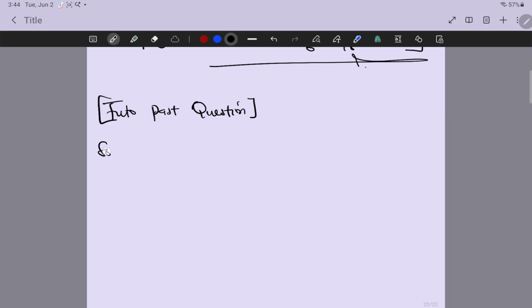Where we have to solve d squared y over dx squared minus 5 dy over dx plus 6y is equal to 24. How was this solved? Okay, so let's find the auxiliary equation here.